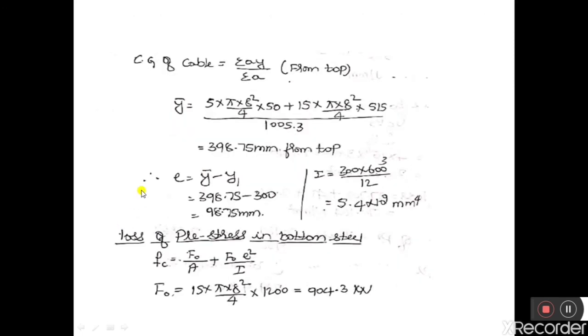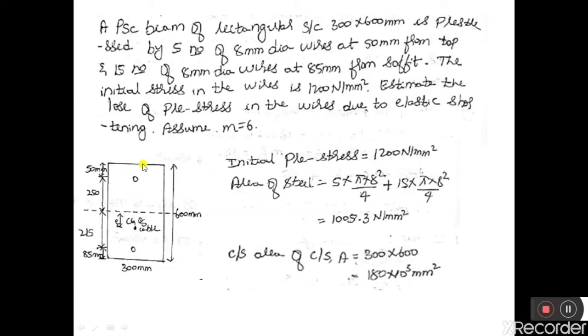Then what is eccentricity? e is equal to y bar minus y1. So from here to here it is y bar, that is the CG of a cable from the top fiber. Then I know from here to here it is 300.